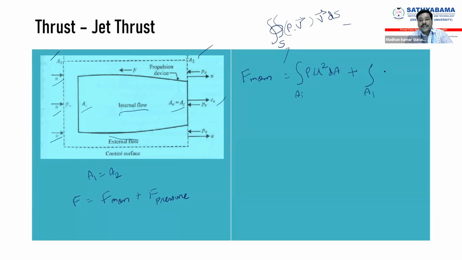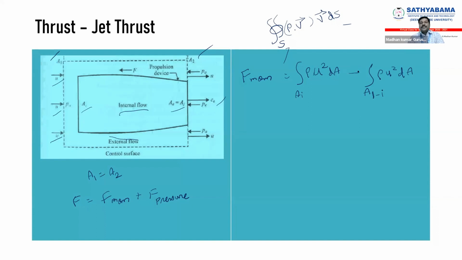So A1 and then rho U square dA. And then minus, here this A1 is moving from 1 to I. When it moves from 1 to I, this momentum is said to be in negative form since it is inflow.